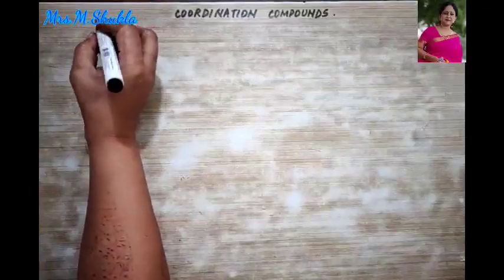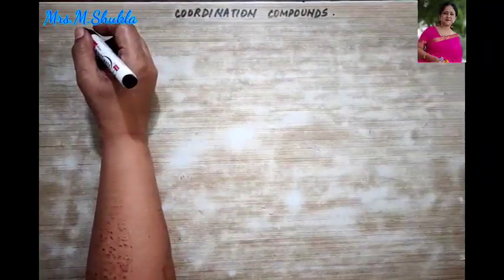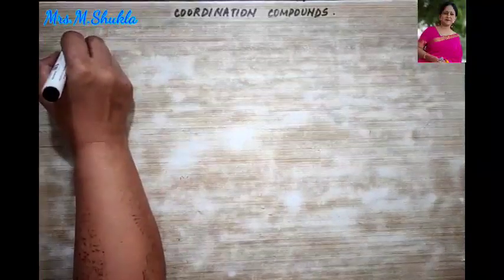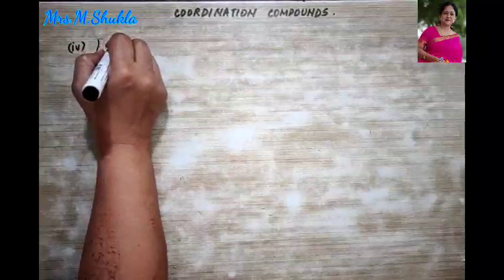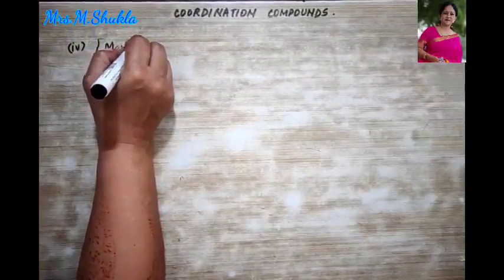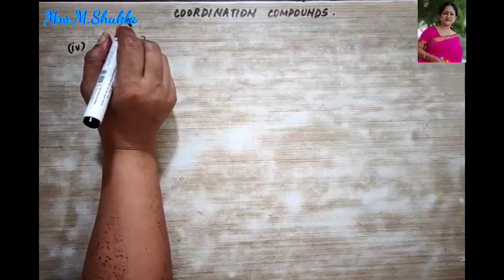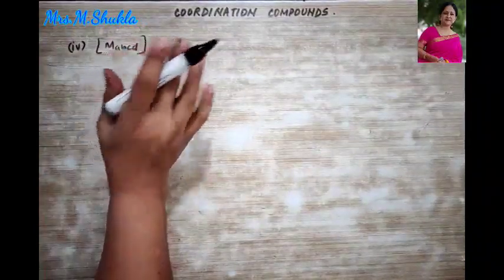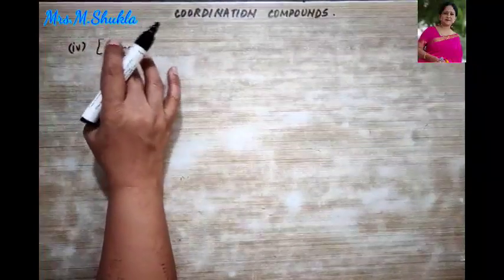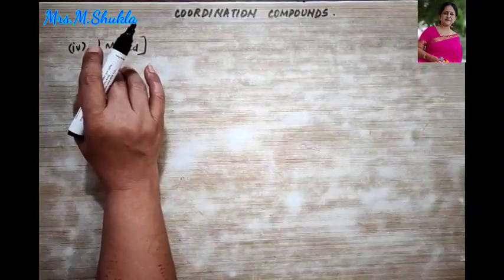Coming to the fourth case of coordination number 4, the square planar complex. It could be M, A, B, C, D. What is this? When all the four ligands are different, in that case, it is going to form three isomers. What are they?